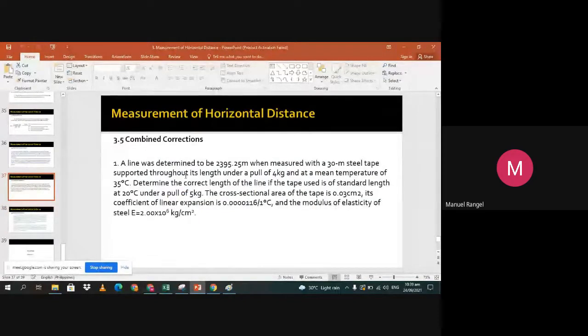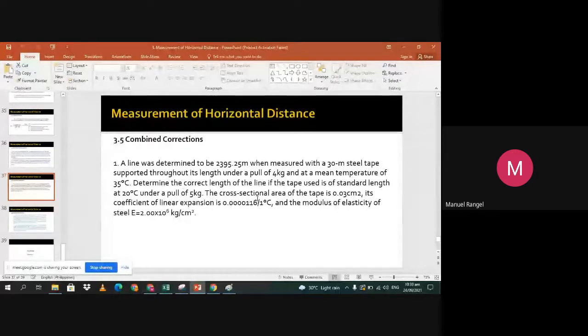So a line was determined to be 2,395.25 meters when measured with a 30-meter steel tape supported throughout its length under a pull of 4 kilograms and at a mean temperature of 35 degrees Celsius. So determine the correct length of the line if the tape used is of standard length at 20 degrees Celsius under a pull of 5 kilograms.